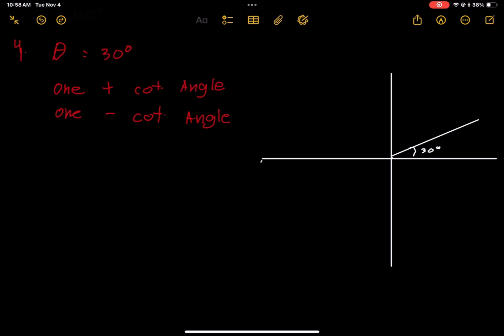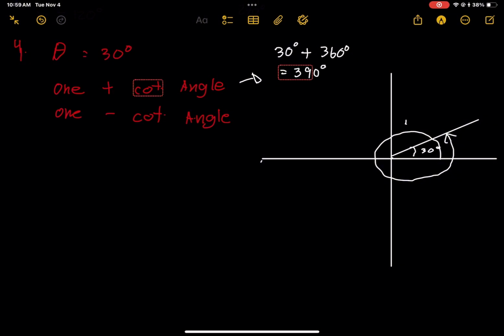And for the negative angle, we just have to rotate clockwise this time from our positive x-axis. But first, let us add 30 to 360 to find the exact degree of the first coterminal angle. So this angle is 390 degrees.